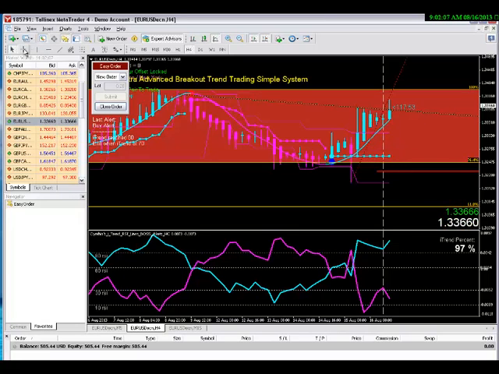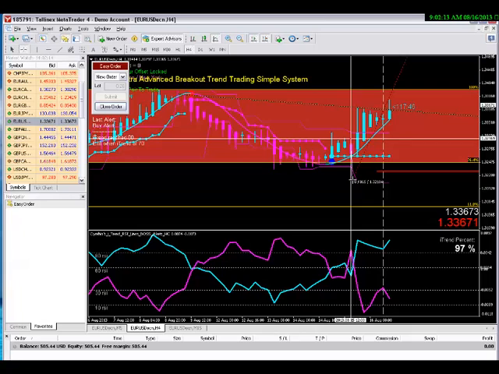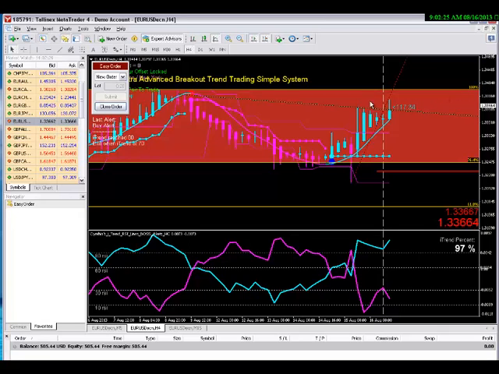It was actually a 100 pip move, all the way down from the 3,300 to the 3,200. Well, that was about 90 pips. And then the price just shot right back up, and we're headed towards the 3,400.